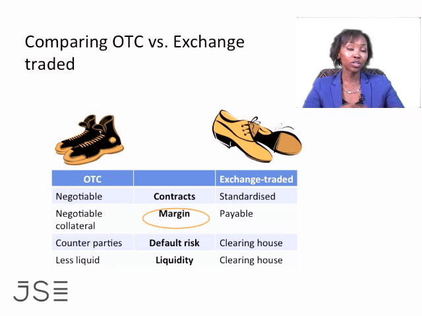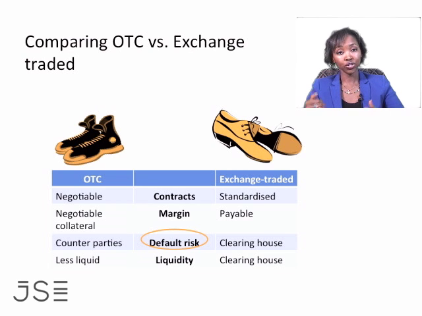Sometimes it can be built into the pricing in terms of a credit risk premium. And then when you look at default risk, on the OTC market, buyers and sellers face each other, and there is the risk that at the settlement date, one of the parties might default and not honor the obligations of the contract. Whereas on the exchange, everything is done through the clearinghouse, and there's no risk of default.